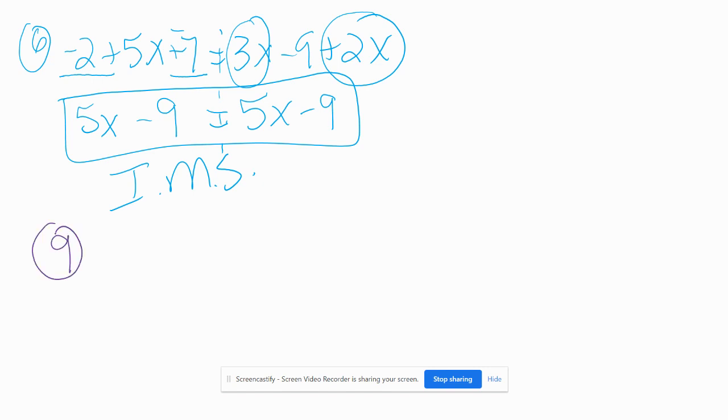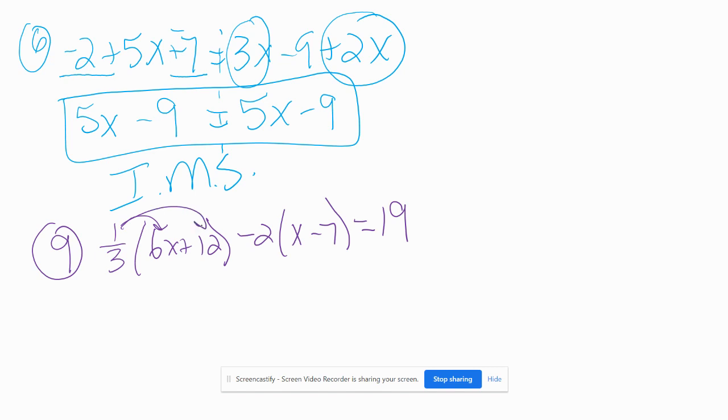And then for that last one, number 9, oops, I think this should be a minus. I'm going to distribute to start with to get rid of all of those parentheses. So this is the same as saying 6 divided by 3, because this is dividing by 3 here. 6 divided by 3 is 2x. 12 divided by 3 is 4.